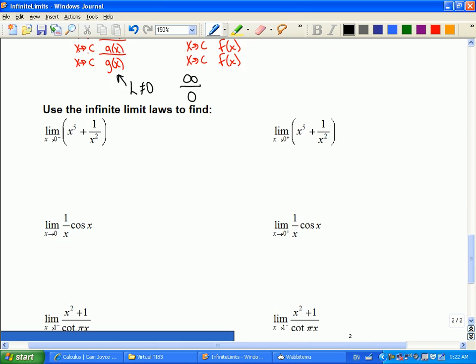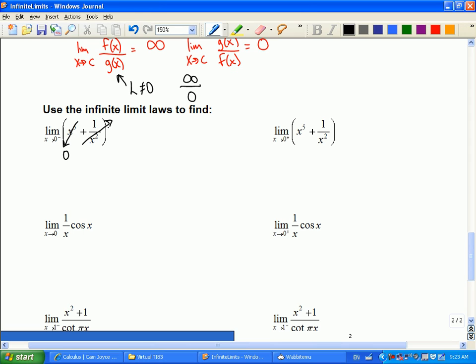Okay, so using infinite limit laws, what I want to know is it positive or negative infinity? Okay, you don't have to, you can number line it if you need to, but really I just want to see, for example, as x goes to 0, what happens to this whole thing together? You're using the sum law in this case. Okay, in this case, the first piece here is 0, and this piece here, that's a 1 divided by 0.